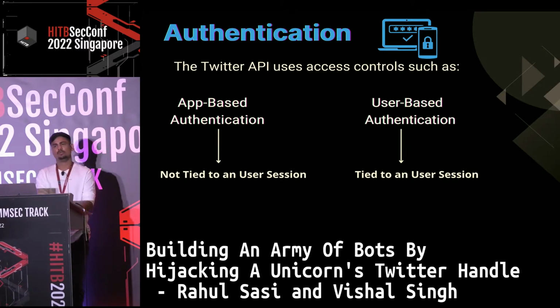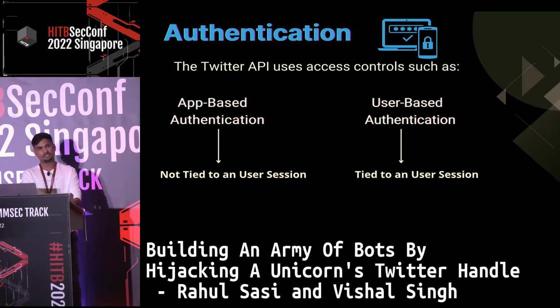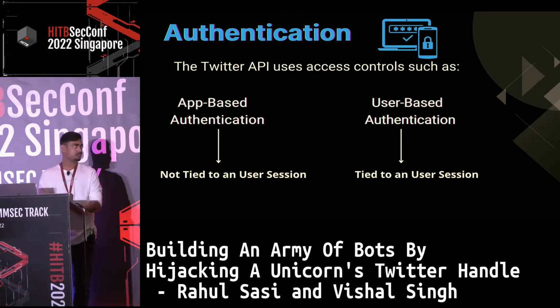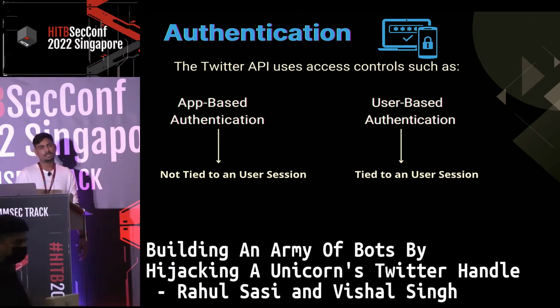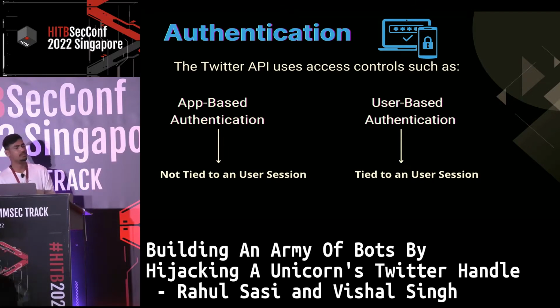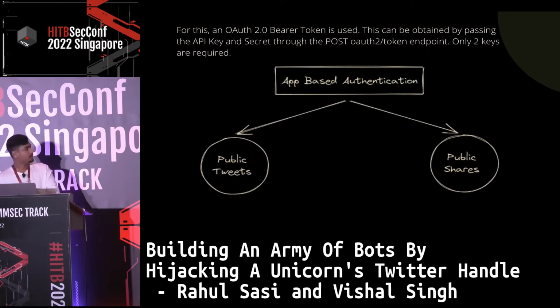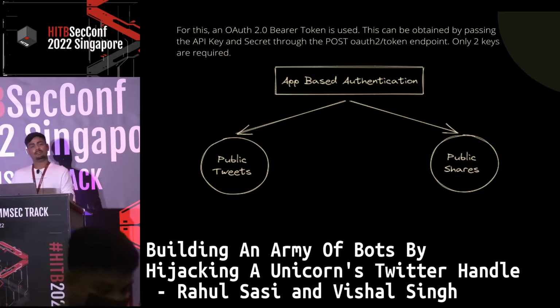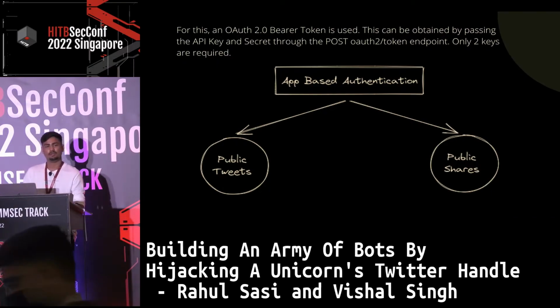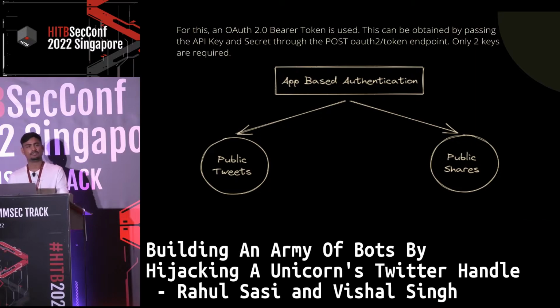One is app-based authentication, and the second one is user-based authentication. In the case of app-based authentication, the developer basically has read-only access and can search for public information, like tweets or whatever is trending on Twitter.